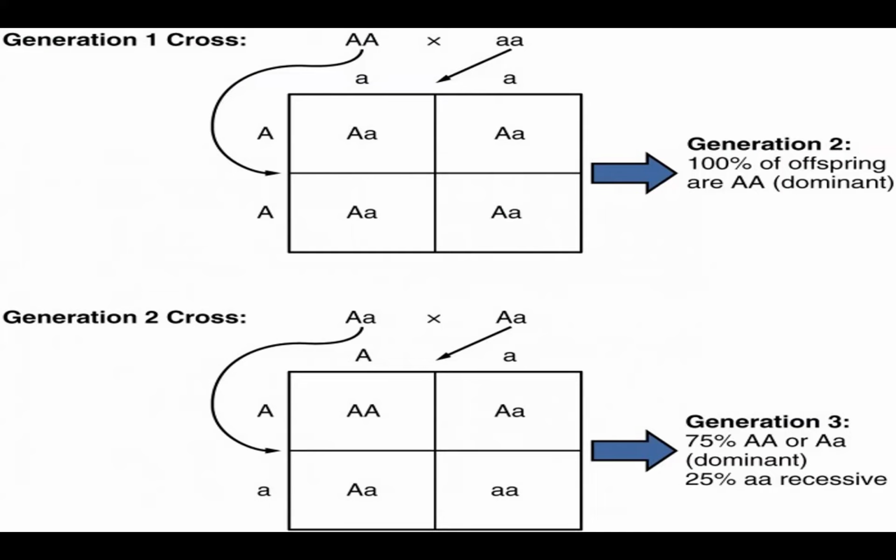In the second generation, if we combine two heterozygous dominant, capital letter A, lowercase letter a, in the third generation we will have 75% dominant: 25% will be homozygous dominant, 50% will be heterozygous, and 25% homozygous recessive.